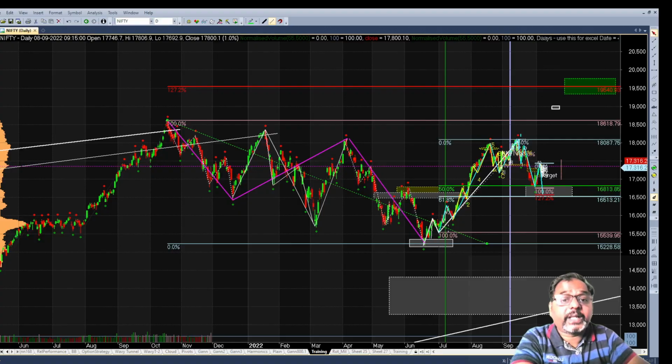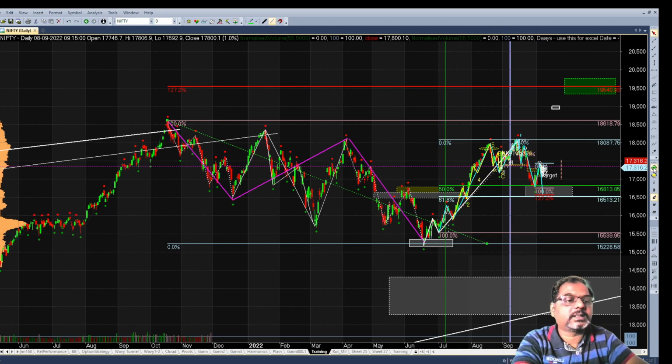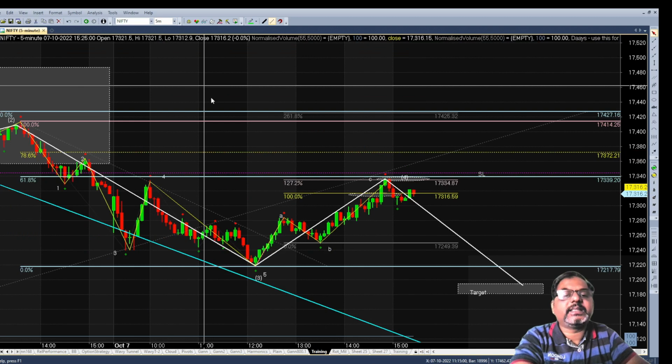Now let's quickly talk about some interesting charts. But before I talk about the charts, I wanted to show you the trade that I talked about. 1 is to 12 risk reward. So this is a trade.